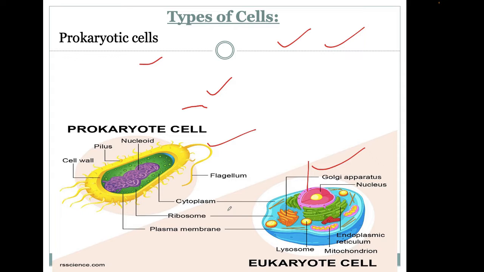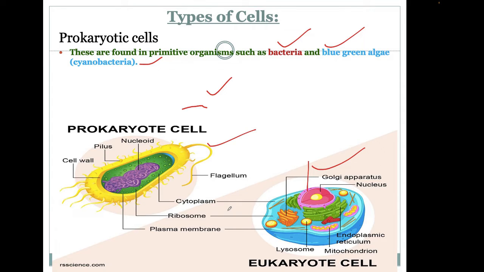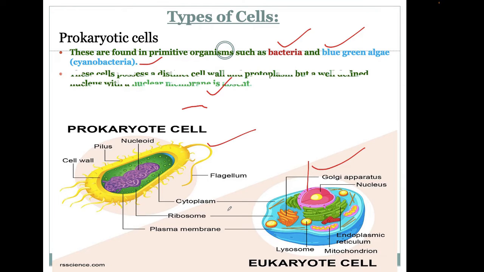Then cells are of two types, the prokaryotic cells and eukaryotic cells. Prokaryotic cells are found in primitive organisms such as bacteria and blue-green algae. Blue-green algae are also called cyanobacteria.